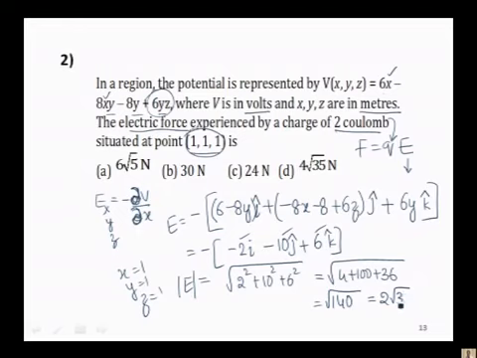So I will write it as 2 root 35. This is E. This has to be multiplied by Q to get the force, and Q is 2. So this into 2 becomes 4, and therefore this is your answer. For the second question, the answer is D, 4 root 35 Newton. Because these are in SI units, the answer is in Newton.